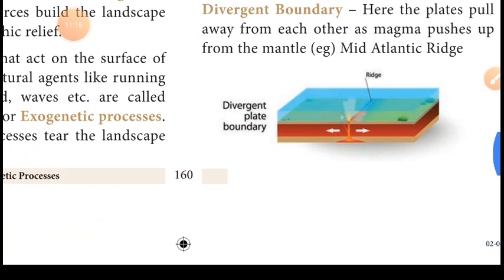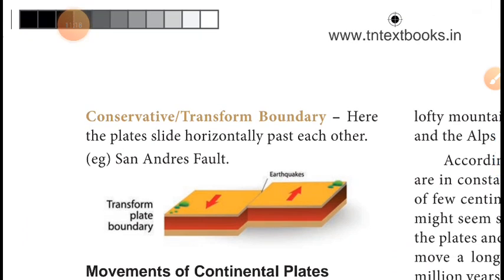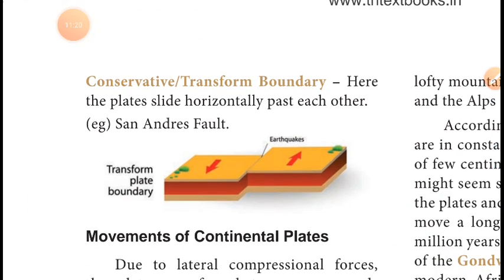Then the third type of plate boundary is the conservative or transform boundary. Here the plates slide horizontally past each other. The plates slide horizontally, moving past one another continuously.